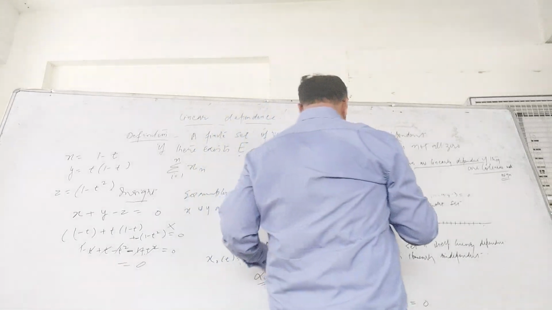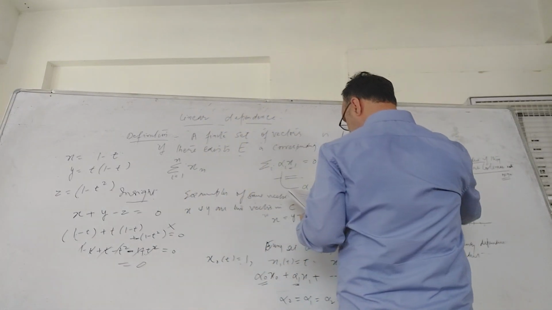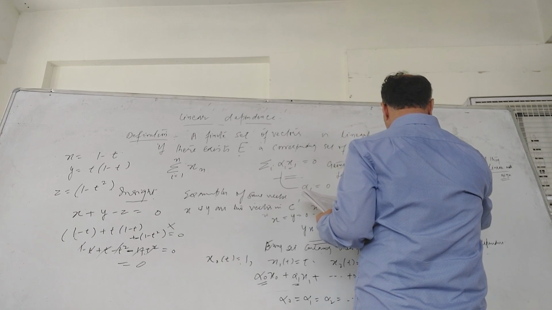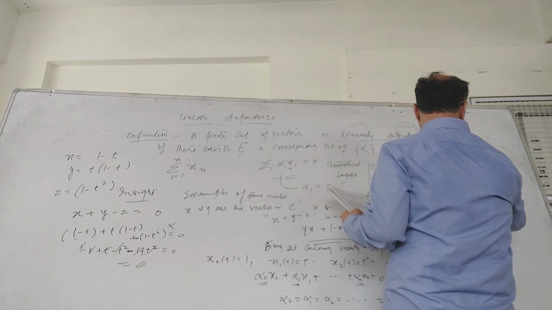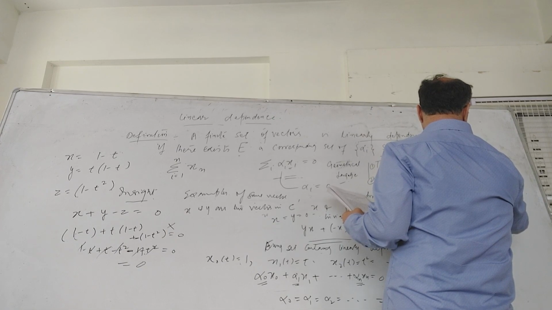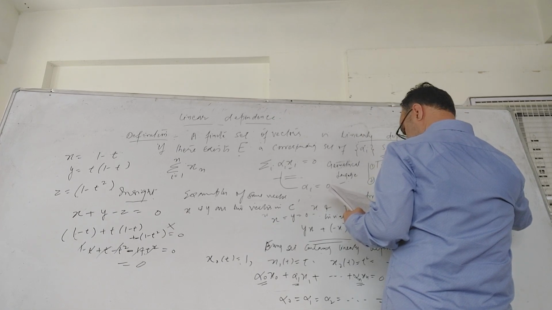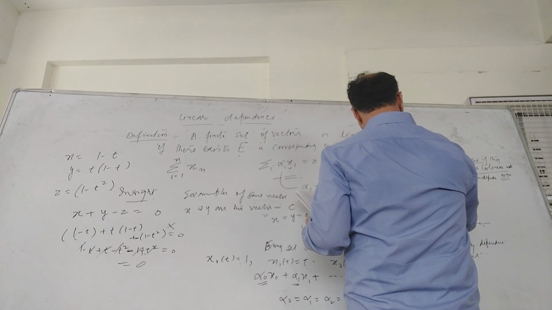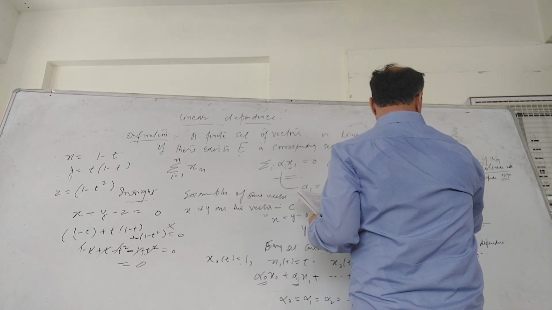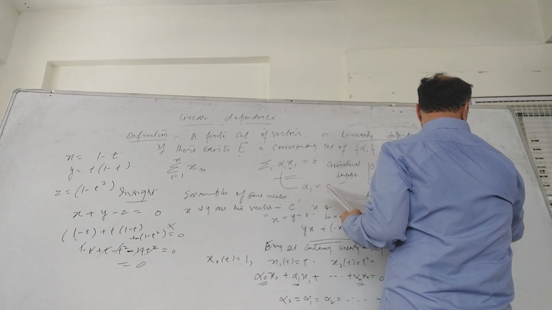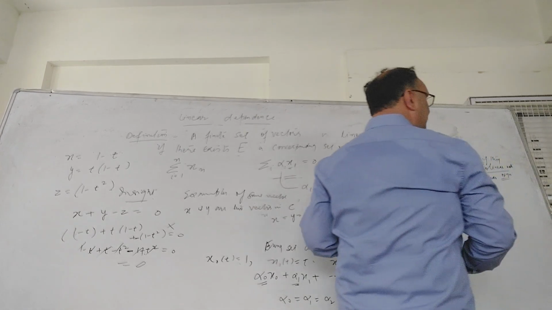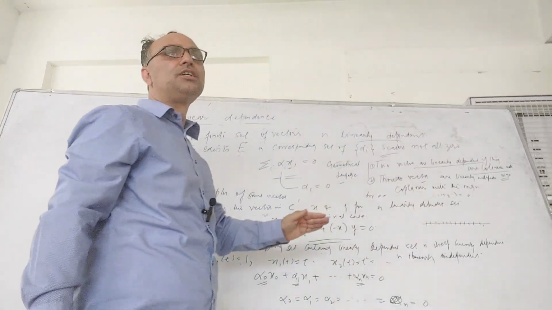In the same way, if three vectors are linearly dependent, this means they are coplanar with the origin. And you can extend so on and so forth.